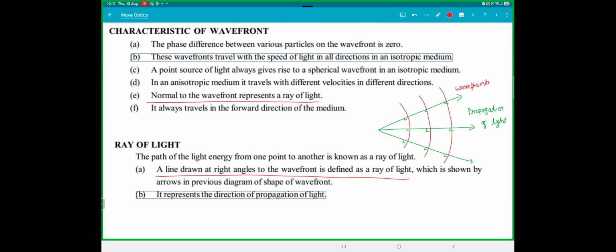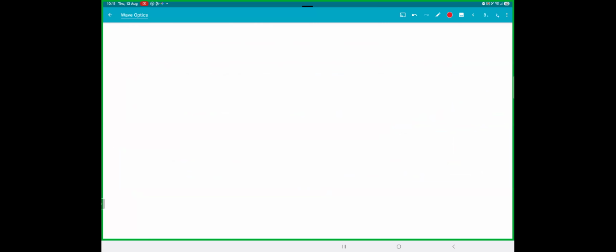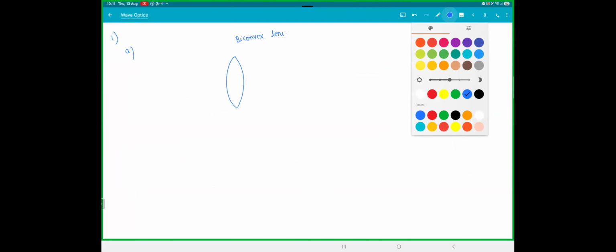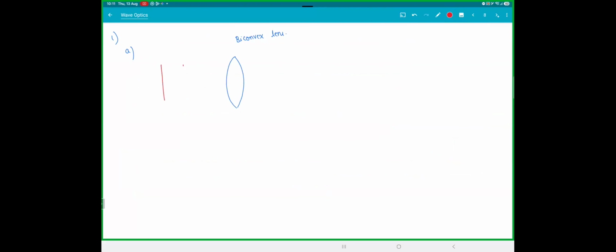Let me show you how they'll frame questions on this. You get some good questions on this. Let me show you one. They will say something like this: we have a biconvex lens. Then they will say you're sending wavefronts like this.